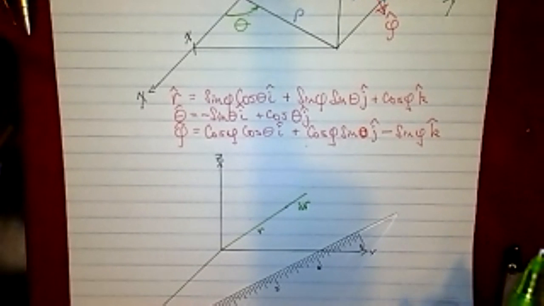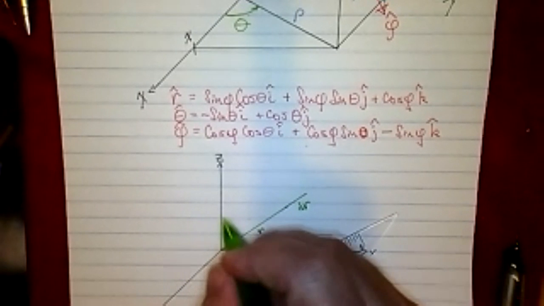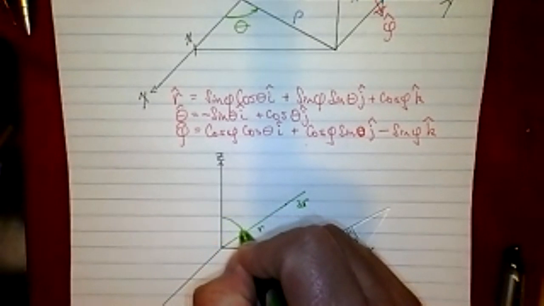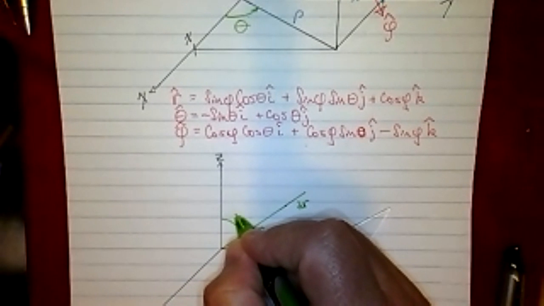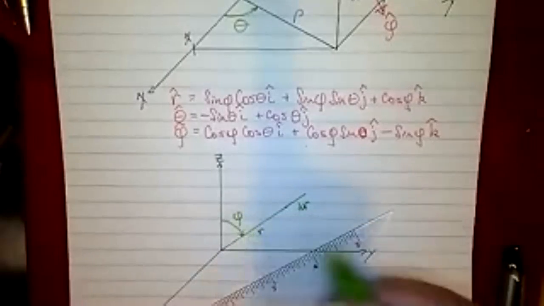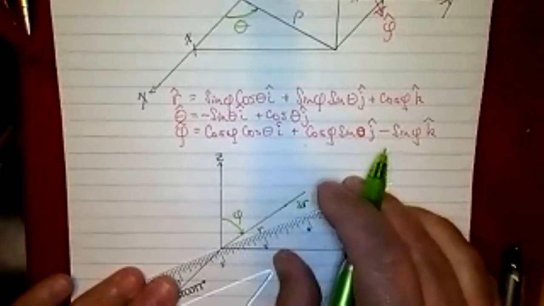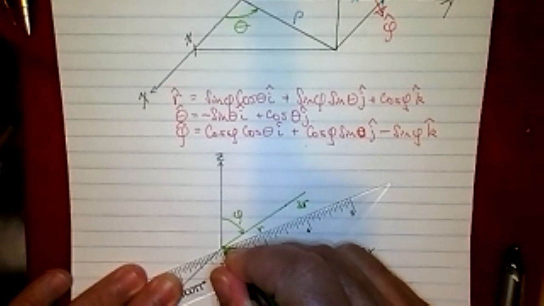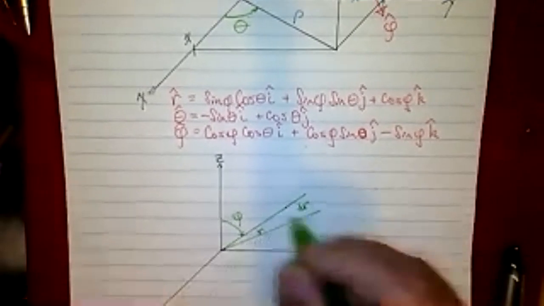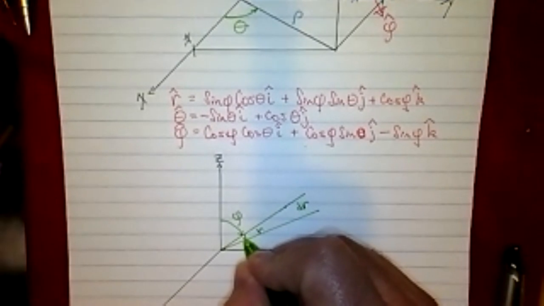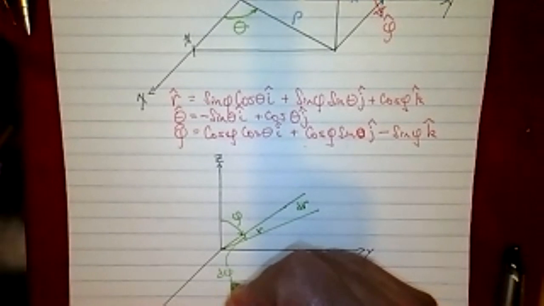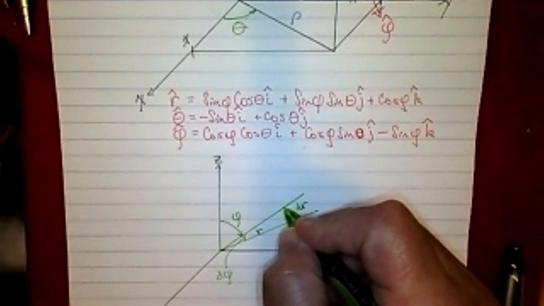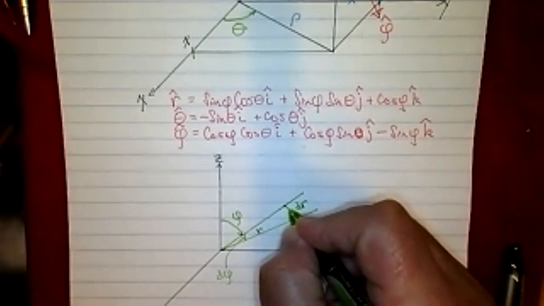Now, if I wish to, I might want to first consider changing phi. So right now this angle right here is phi. If I allow that to go a little bit further, then I will get a change in phi of d phi. So now this little angle right here is d phi, but that distance from the R here and the R here is actually an arc distance.